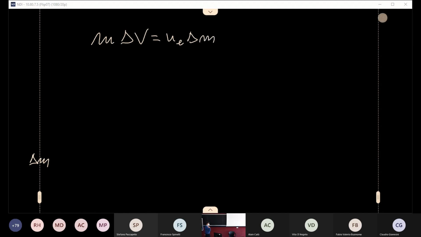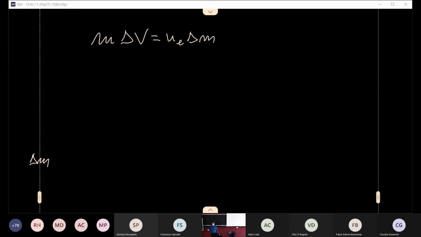This works for sure if you are exhausting stones. It works perfectly: you have this delta mass, and you get, as a reaction, this delta v. If you are considering a fluid instead, you usually go to the limit of small amounts of exhausted mass, you refer to the unit time, and you imagine you are exhausting mass continuously.